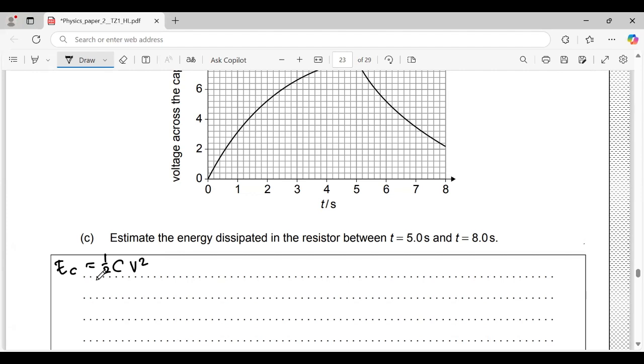So EC equals half times C, where C is 1.0 times 10 power minus 3.